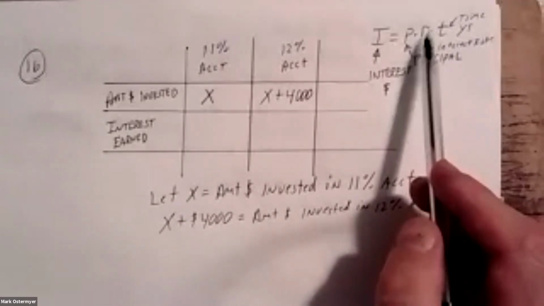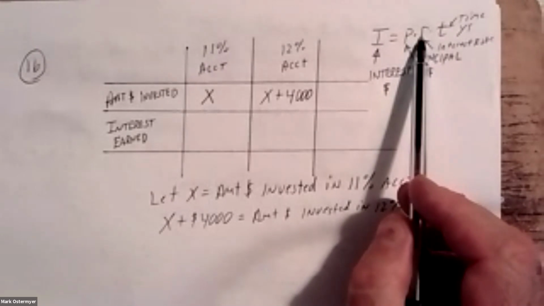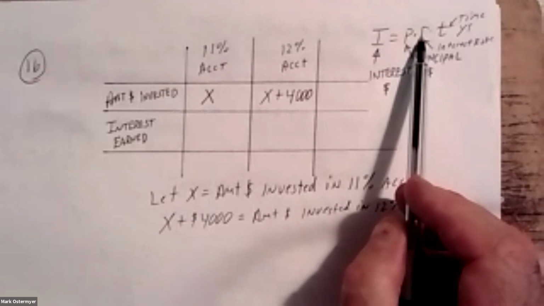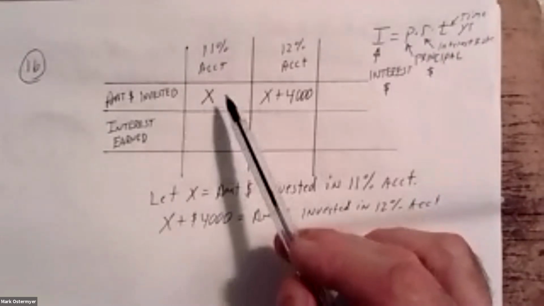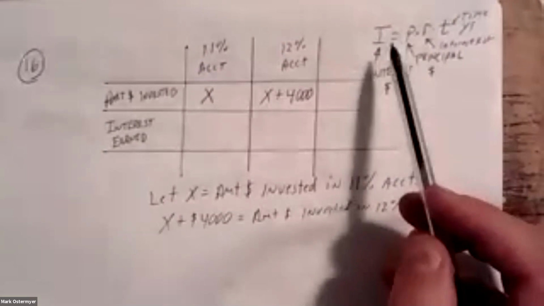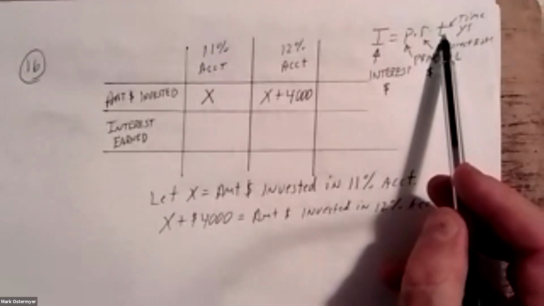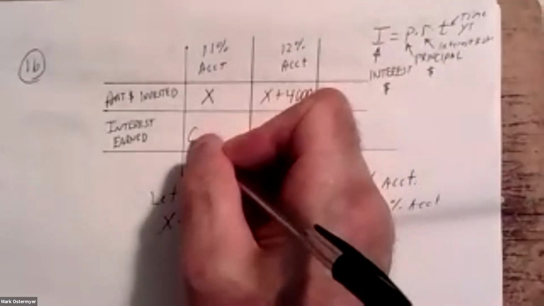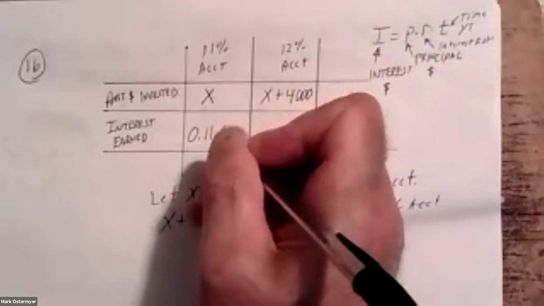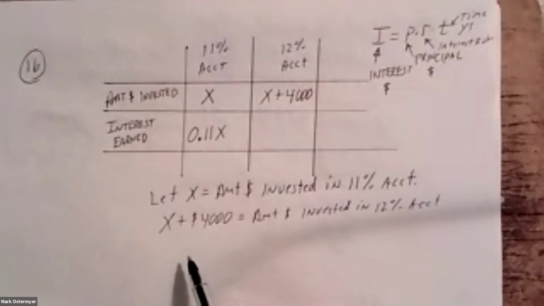You must change 11% into a decimal. 0.11. So the amount of interest we earn from the 11% account, if we invest X dollars into it, will be X times 0.11 times 1, which I'm going to express as 0.11 times X. That's the amount of interest we earn from the 11% account.